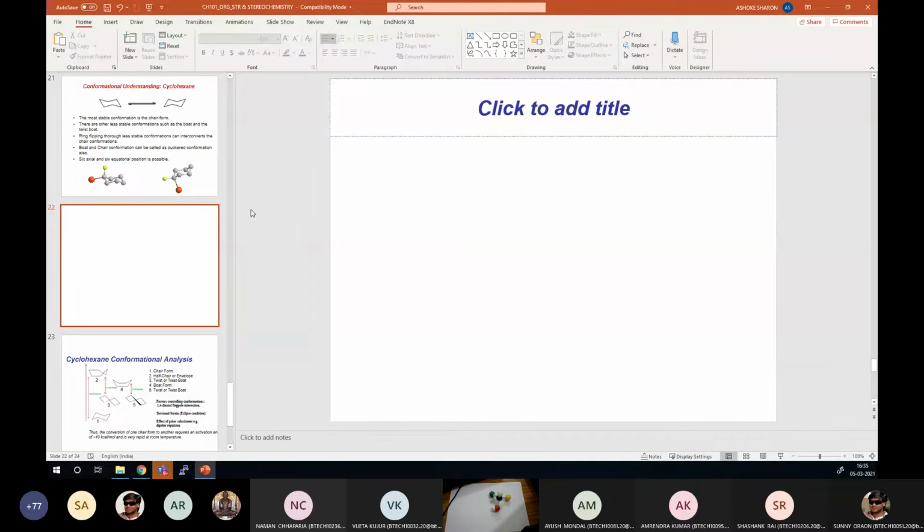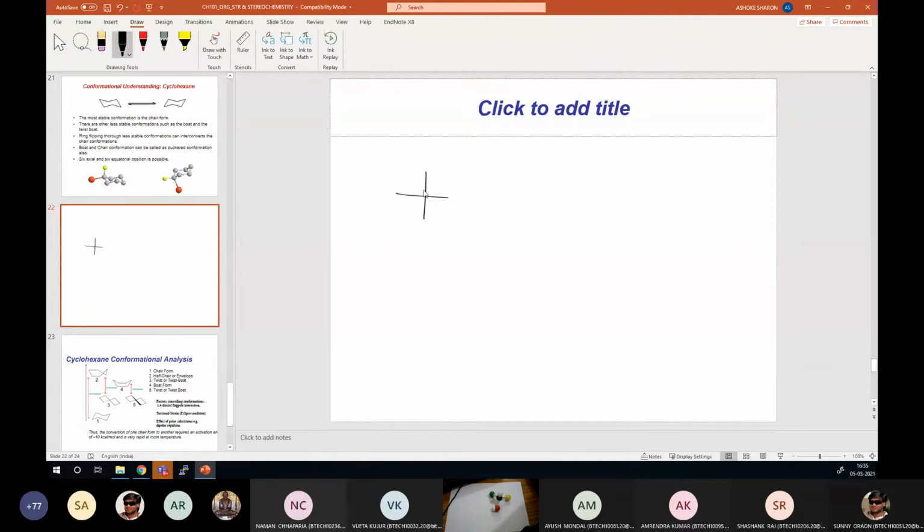Okay, I would like to draw now. So suppose you have four groups. I want to draw four groups. I hope you are able to see that one is OH, that is red color. Another is green, maybe that green is CH2OH, and yellow is supposed to be CHO.